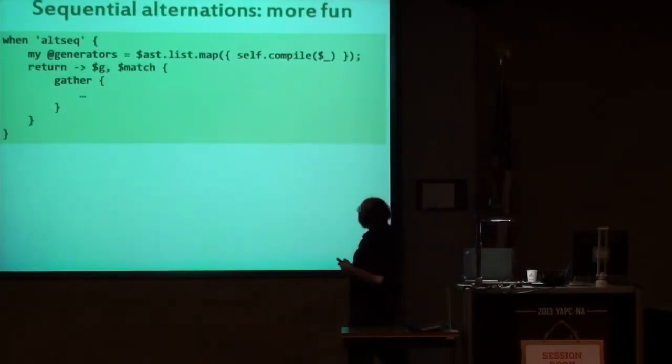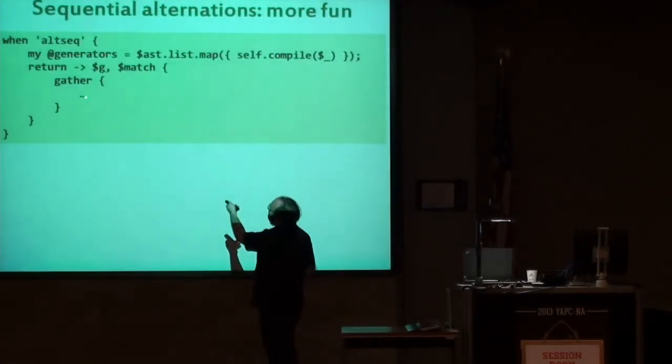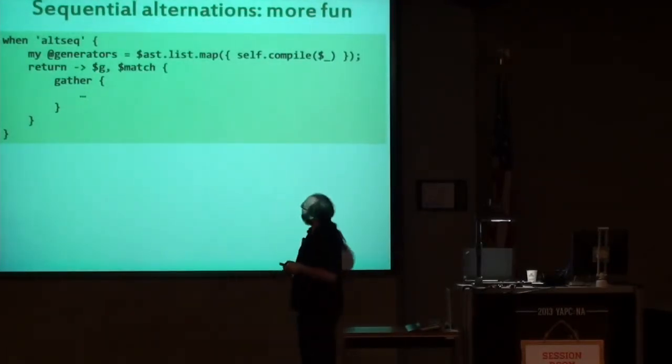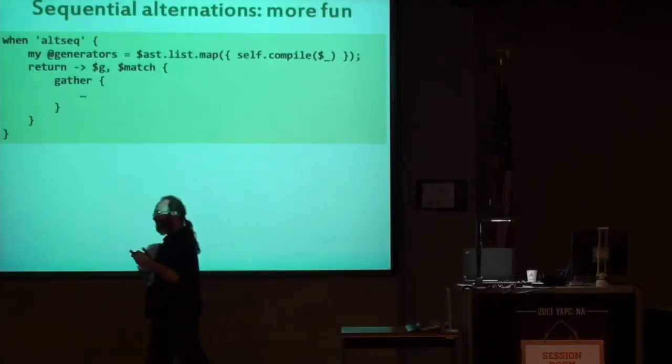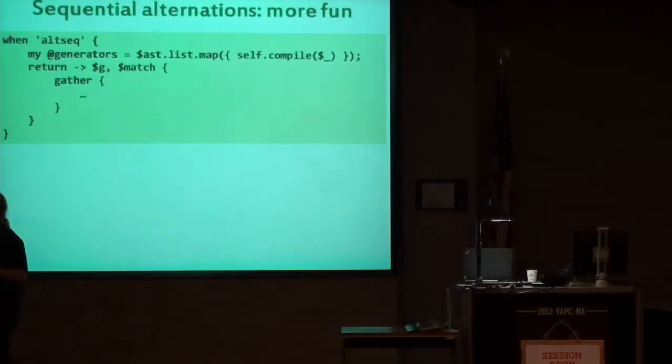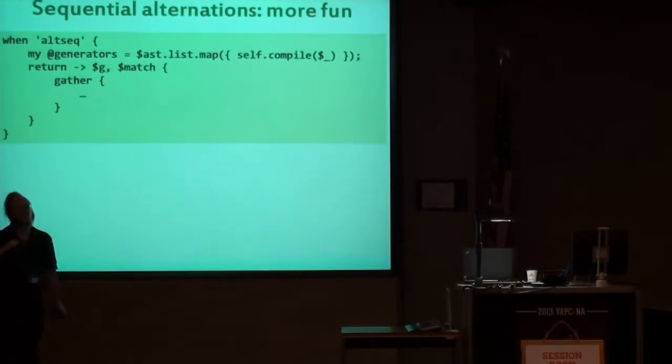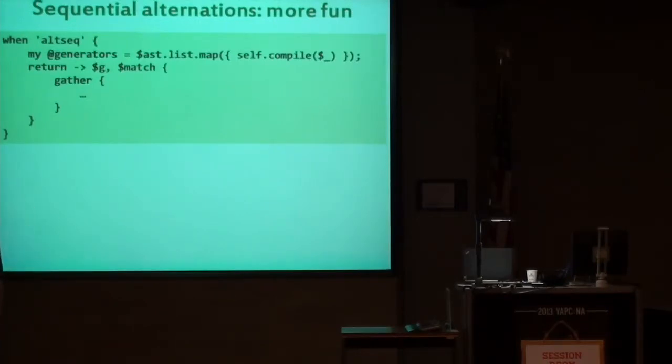Then we return something that takes the current grammar and the current match state. It does a gather. Gather take is a very nice little construct for building iterators. You write gather, and basically it runs up until the first take when it needs an item, and gives the item back, and if we need another item, it runs again until it gets to the next take, and so forth.